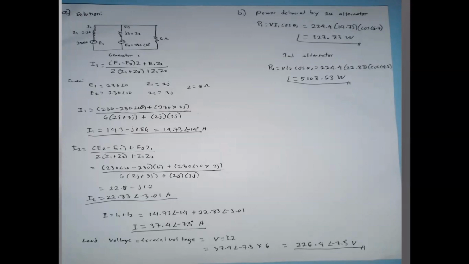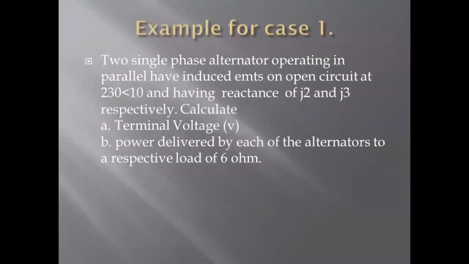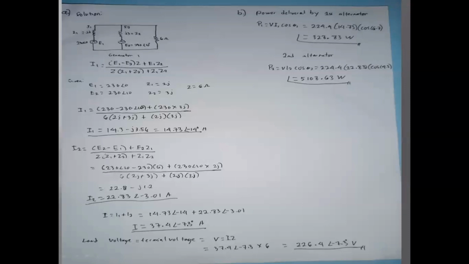Then the current of each alternator gives a load of 6 ohms. So the power delivered by the first alternator is P1 = V I1 cos theta 1, which is equal to 226.4 times 14.73 times cosine 0.6, which is equal to 328.83 watts.